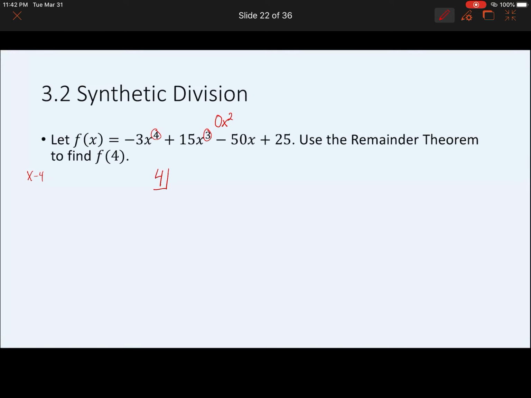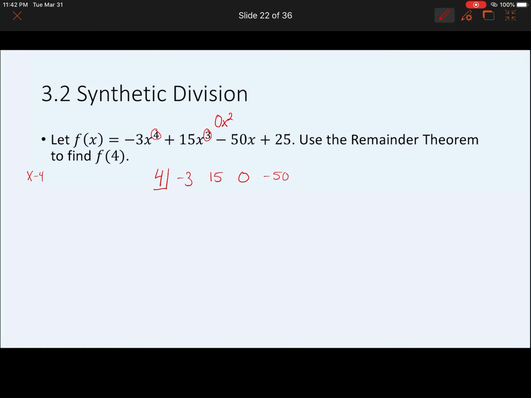It just makes everything line up. Okay? So, when we do our synthetic division, we're using 4 to divide, because again, we want to know f of 4. If you were to write that f of 4 in that x minus a number form, it would be x minus 4. Okay, so just so you know that as a little side note.